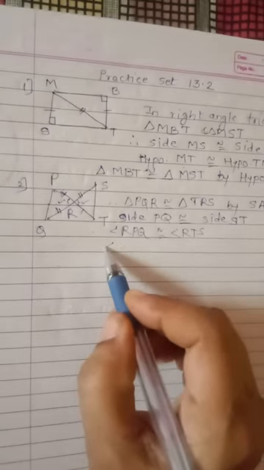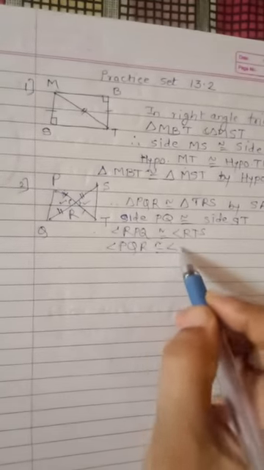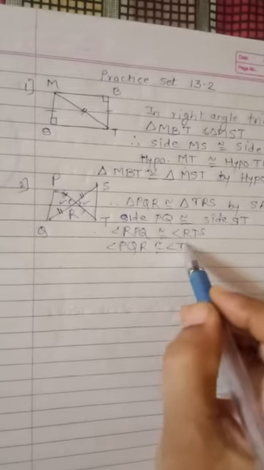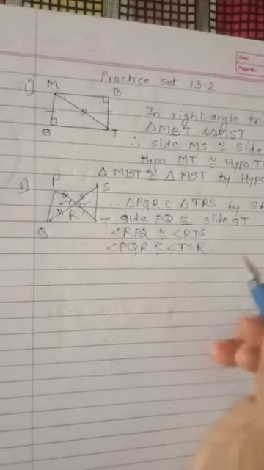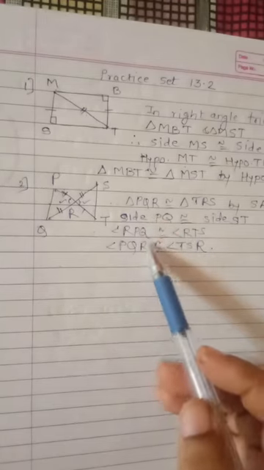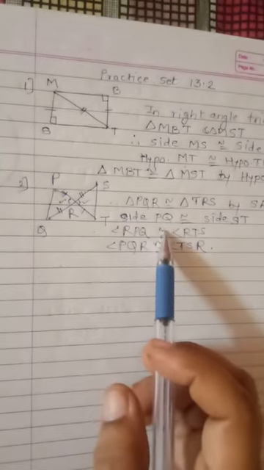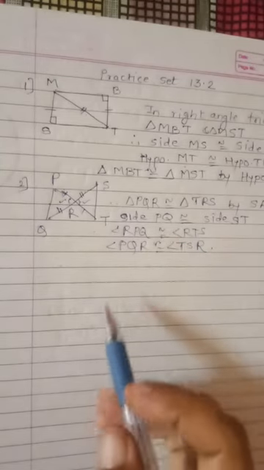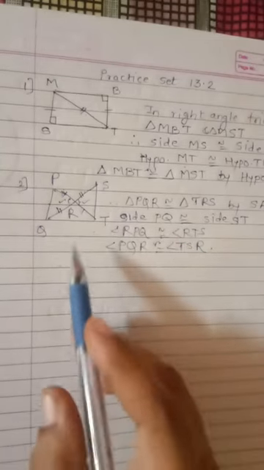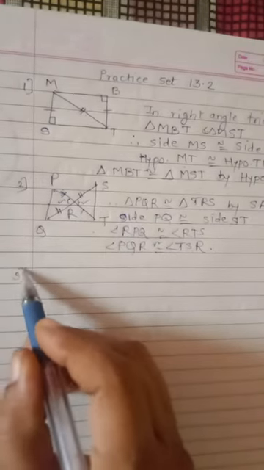Second, angle PQR congruent to angle TSR. In this way, these 3 parts are not shown in the figure, but they are congruent. So these 2 triangles are congruent by SAS test.